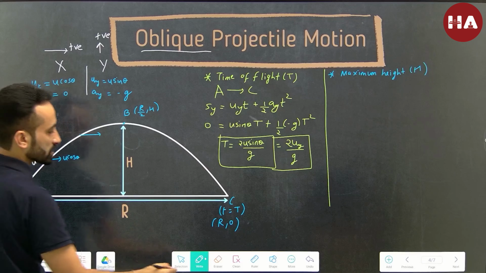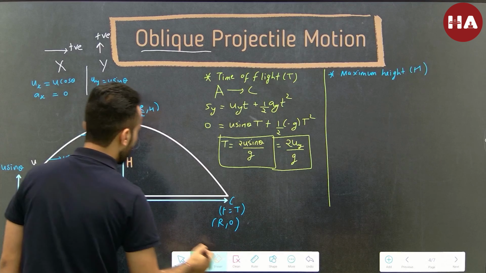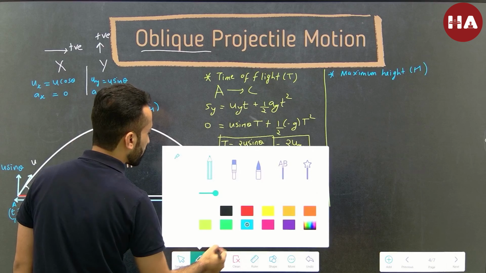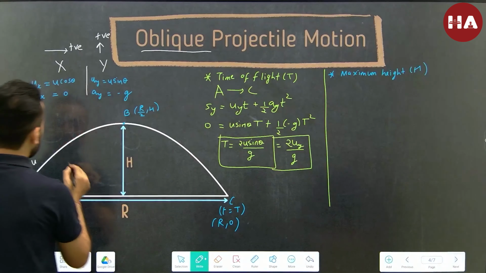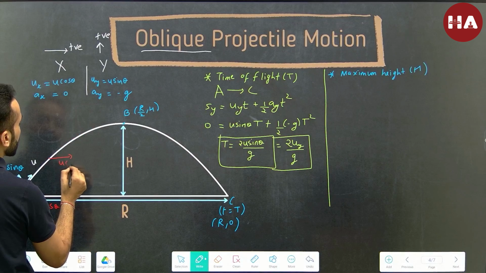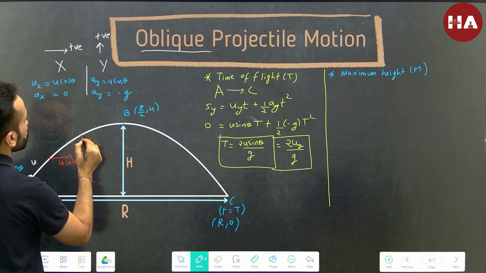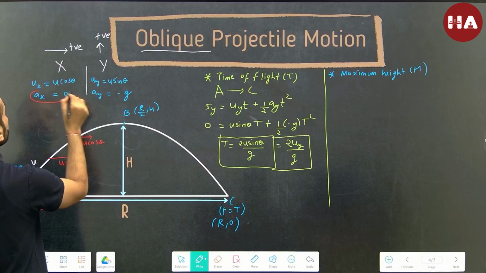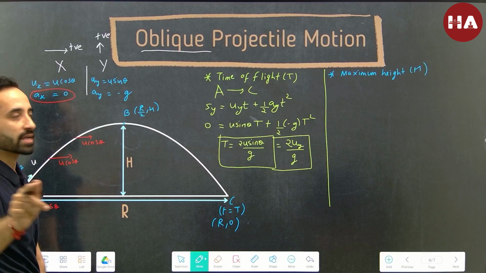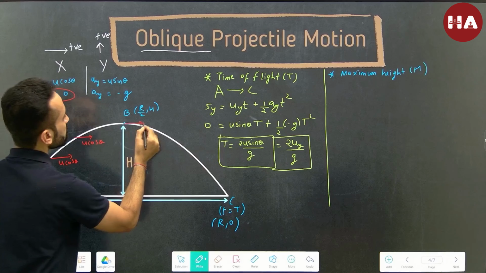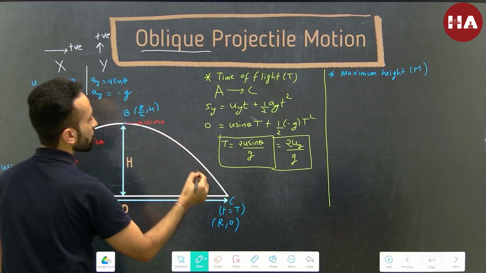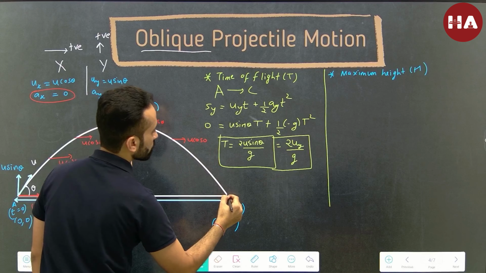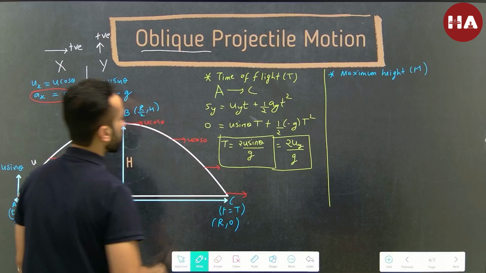If I am indicating it with the red arrow, this red arrow will never change. In the x direction, the velocity is going to be u cos theta always, because in the x direction there is no acceleration. It never changes, even till the end point.